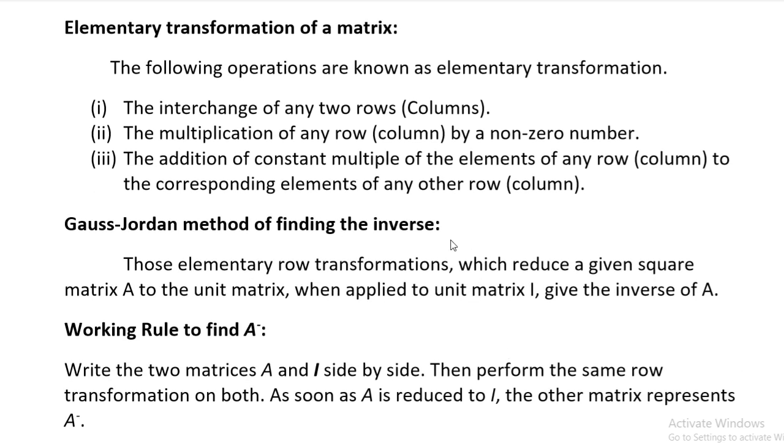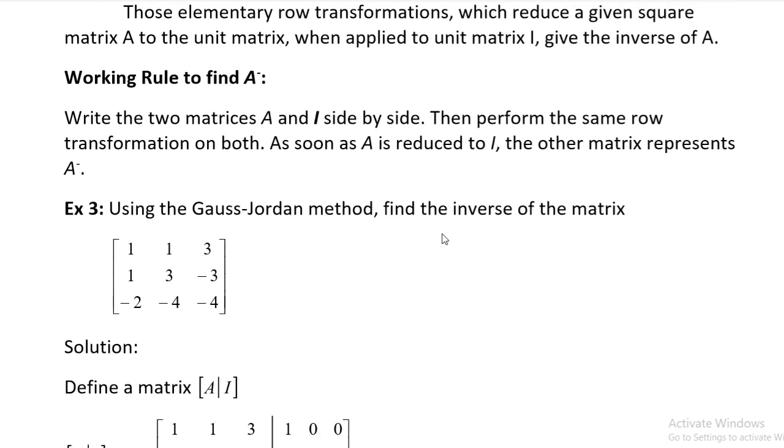So how to find the inverse using these operations? What we can do is perform row operations and reduce the given matrix to an identity matrix. So let's say if this is 1, I have to make these two 0 because the identity matrix, if you recall, is 1 0 0, 0 1 0 and 0 0 1.